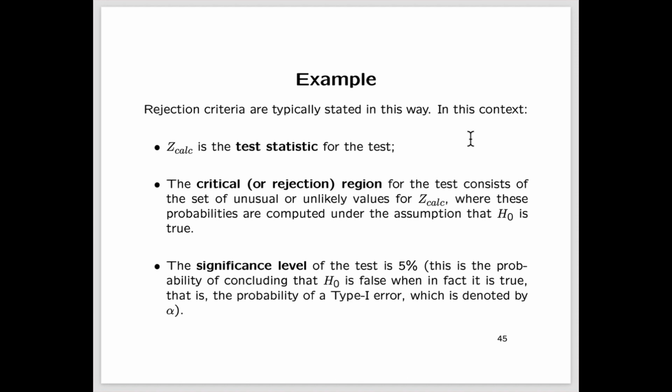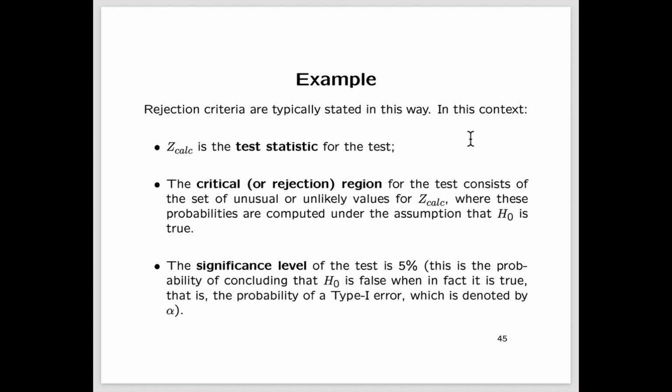And so in this slight re-expression of how we're going to calculate a test statistic and determine the critical points, zcalc is the test statistic.